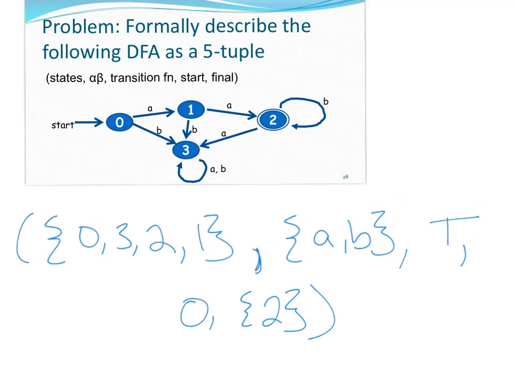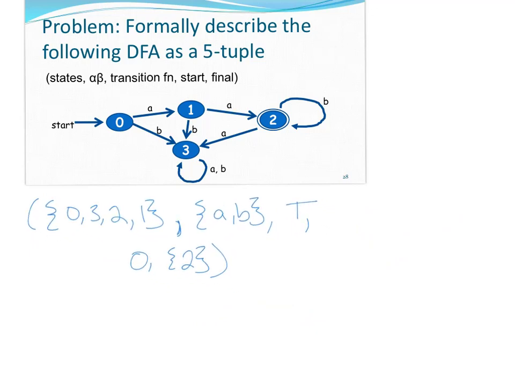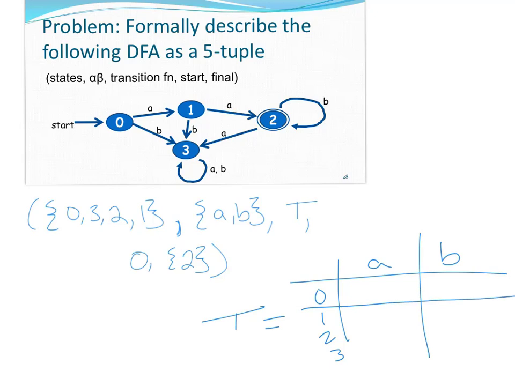Okay, so let's just shrink this a little bit so I have room for my transition table. And let's write that my transition table equals, let's see, we have 0, 1, 2, 3, and we have A, and we have B. So if we're at state 0, we see an A, we go to 1, 0, B, we go to 3.